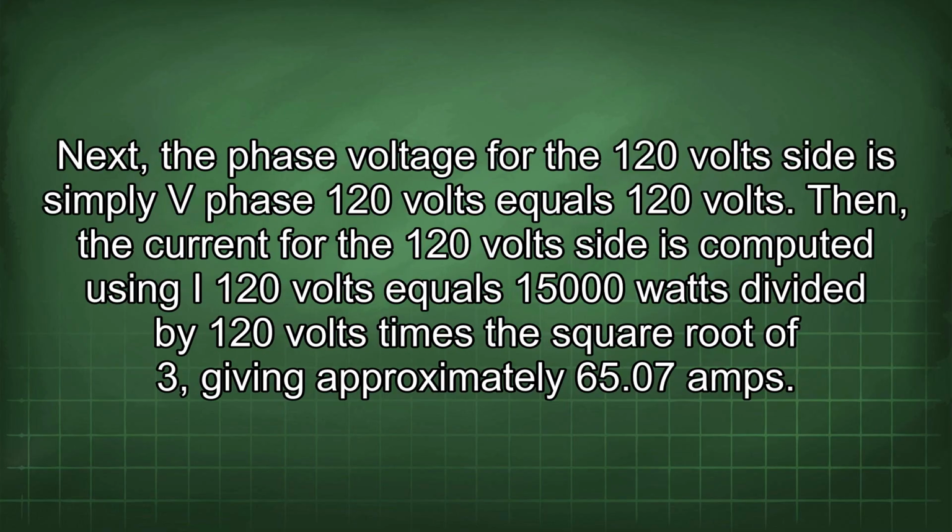Next, the phase voltage for the 120 volt side is simply V phase 120 volts equals 120 volts. Then, the current for the 120 volt side is computed using I 120 volts equals 15,000 watts divided by 120 volts times the square root of 3, giving approximately 65.7 amps.